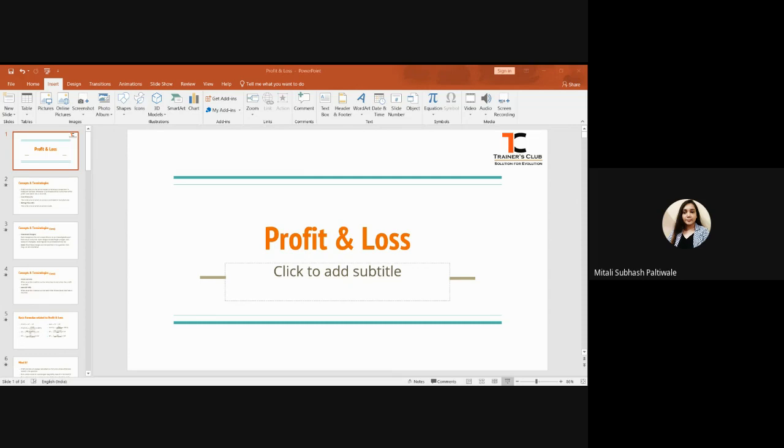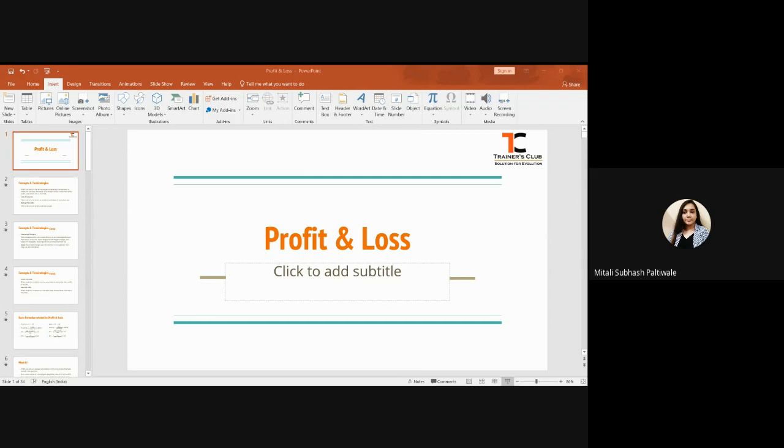No matter what you're buying and what you're selling, it would be based on profit and loss. It would be based on the cost price at which you have bought the item or any other thing, and the selling price, that is the price at which you are selling some article or item, that would decide whether you had a profit or a loss.